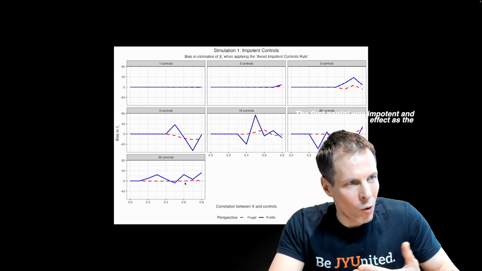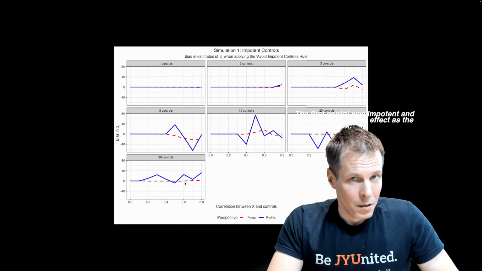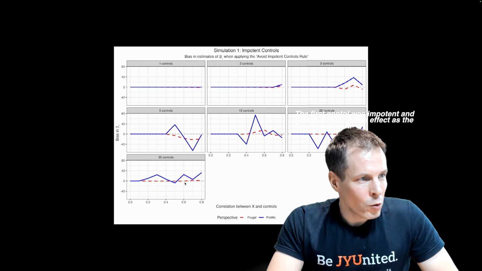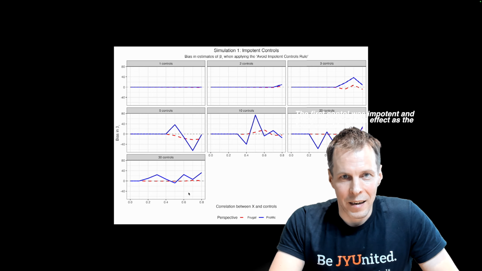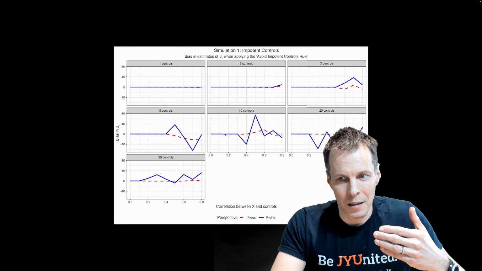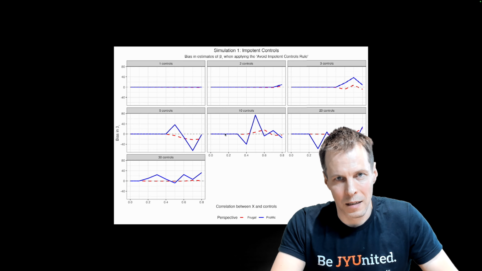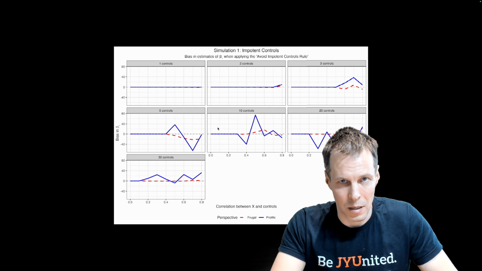So we had all the controls were important, and that is kind of like an extreme scenario for the rule. So it kind of gets it right, but the problem is that the key information that is required for the replication is in a figure.